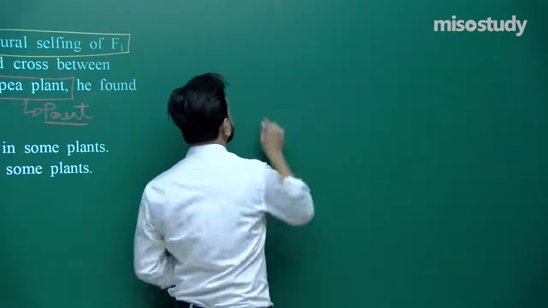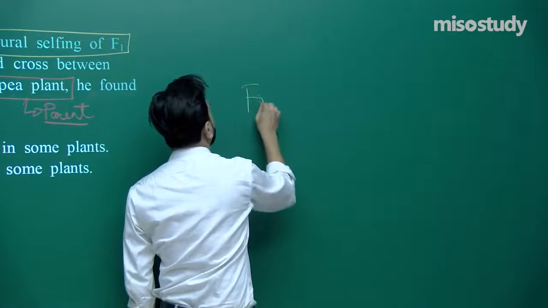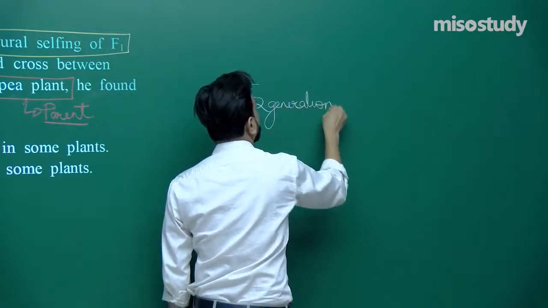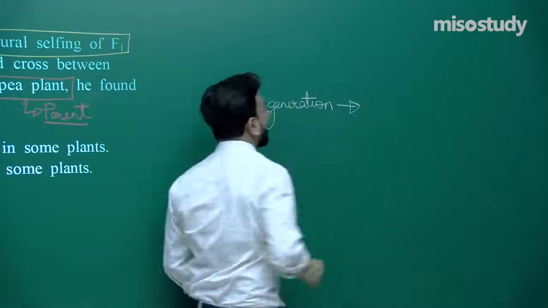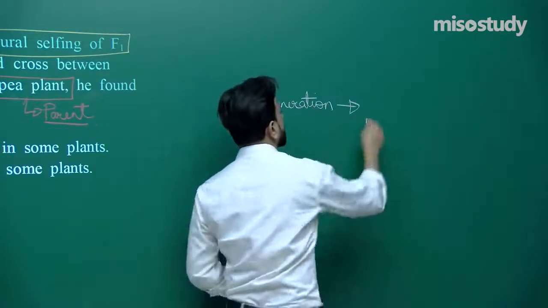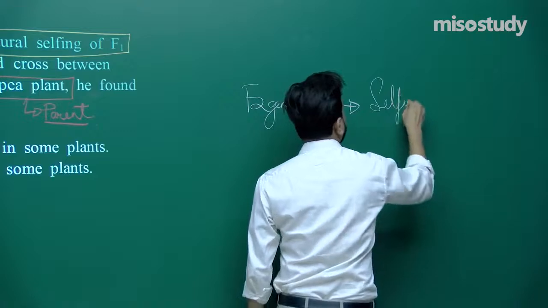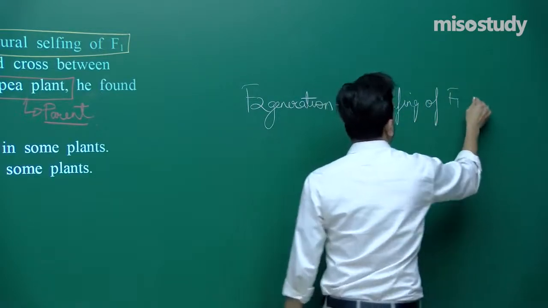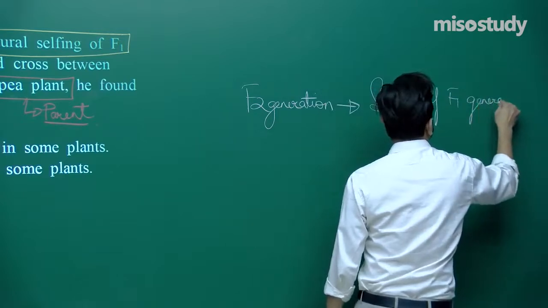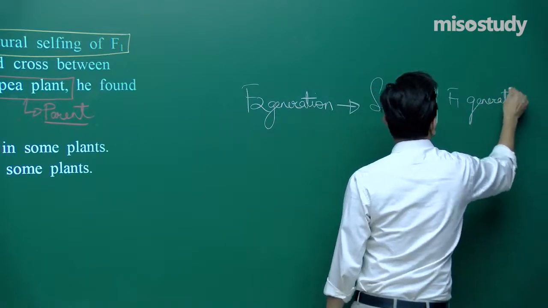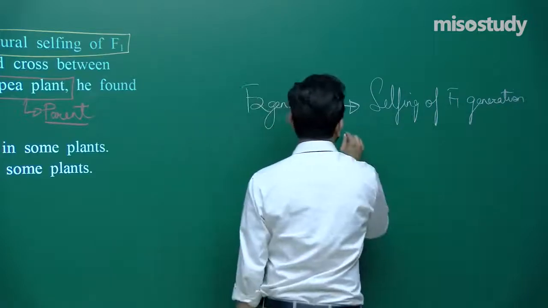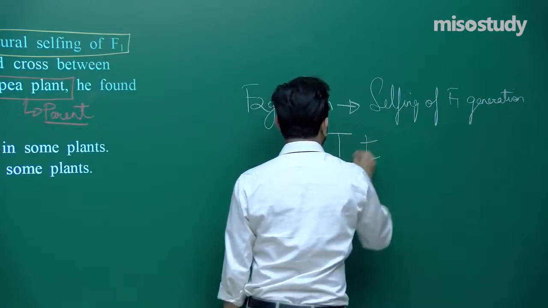F2 generation is what? F2 generation is selfing of the F1 generation, right? And what had we obtained? Capital T and small t.